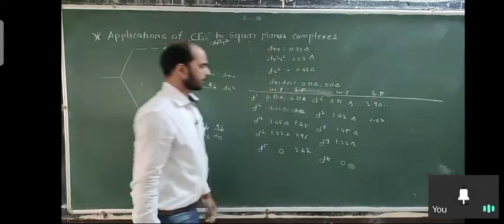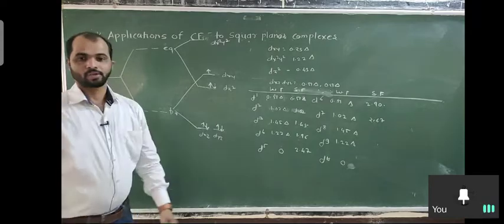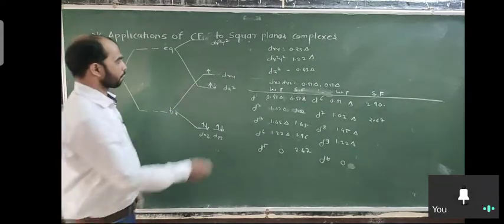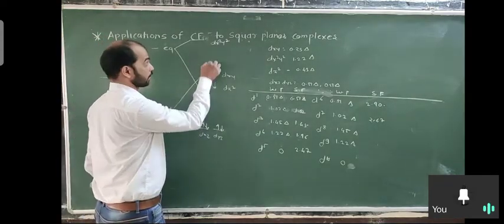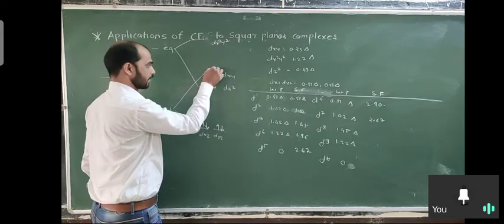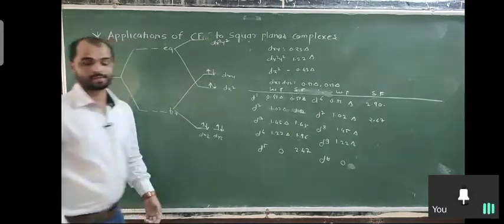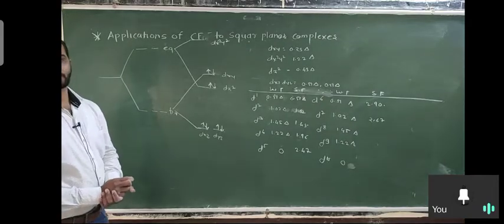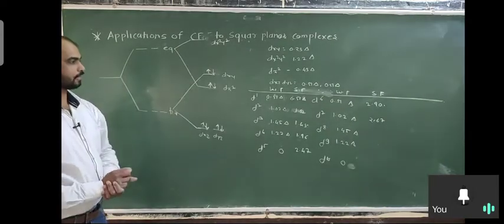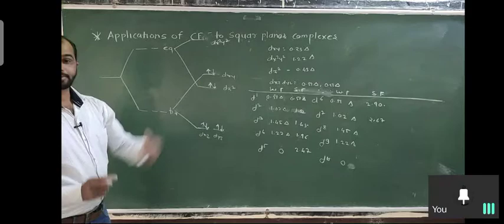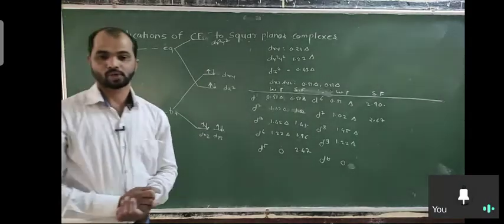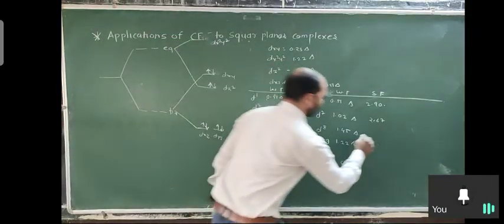Then where is the eighth electron? The eighth electron enters, it is a strong field, so rather than going to the excited state, it comes here in pairing. Pairing will happen here. So when there is pairing, again you subtract 0.23. After subtracting 0.23, it remains 2.44.